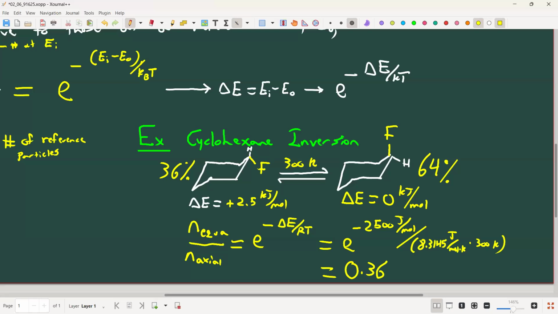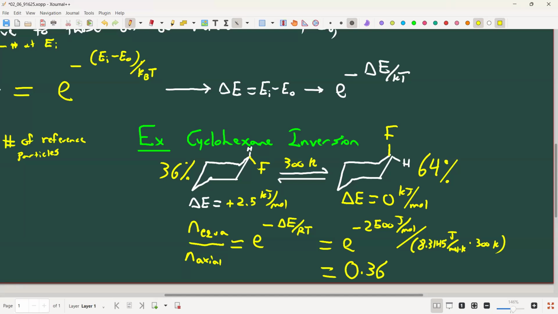Right? What happens as I cool or warm? Well, the exponent gets smaller as I cool. If I drop it from 300 to 200 Kelvin, the denominator is smaller, meaning that the exponent is getting bigger, because you're taking a number and dividing by a smaller number.